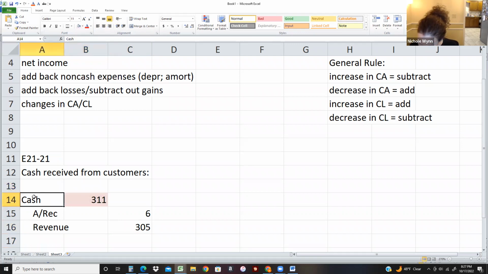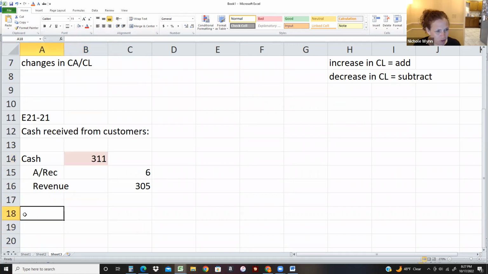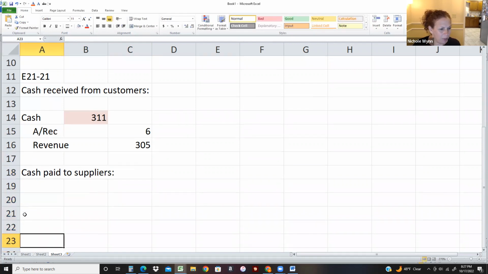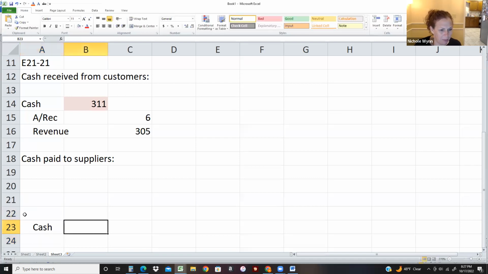Okay. The next item it wants me to find is cash paid to suppliers. I know I'm going to be paying cash, but I don't know the dollar amount yet. I know COGS is always a debit, and COGS in this problem is 185.